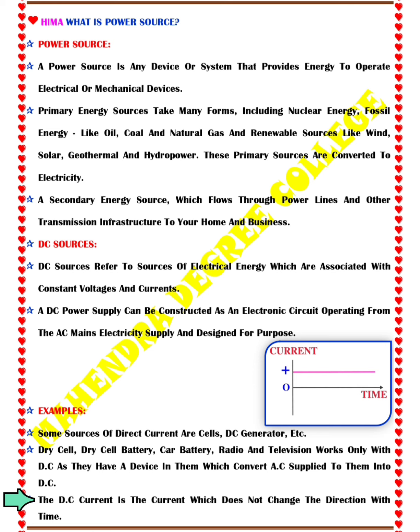In simple version, DC current flows in one direction and stays the same over time.